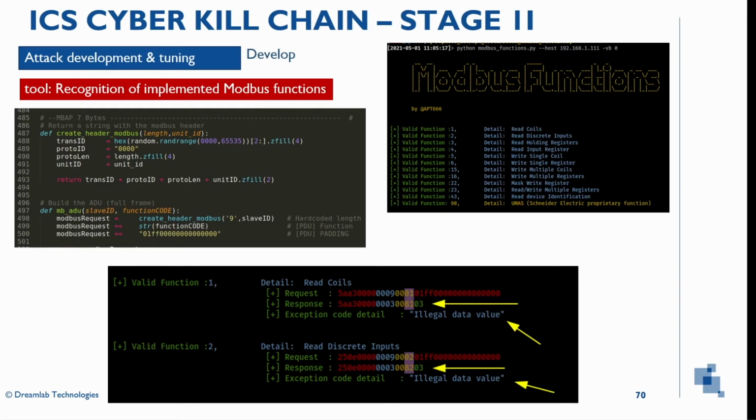The tool sends valid Modbus frames, always trying to force error messages, and lists all the possible functions and their attack vectors. To continue our simulation, we, the attackers, will focus on functions 43, read device identification, and function 19, UMAS, both discovered with our new enumeration tool.